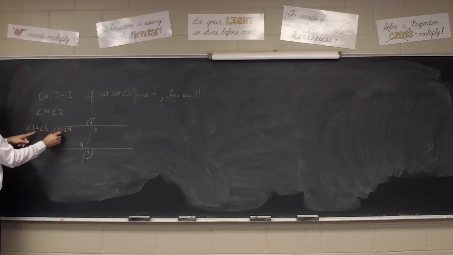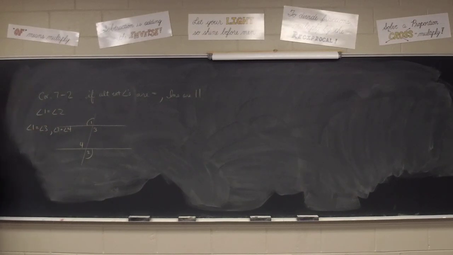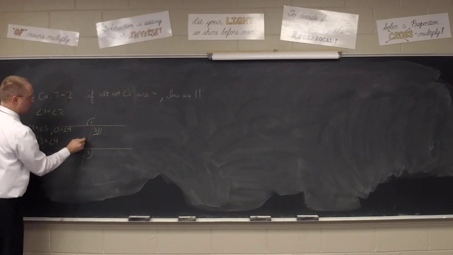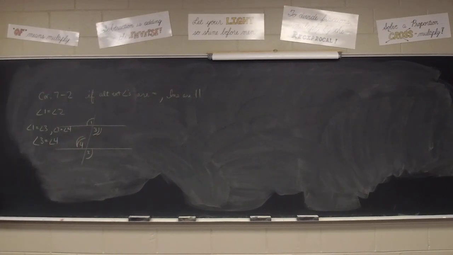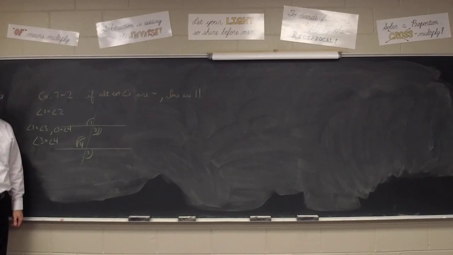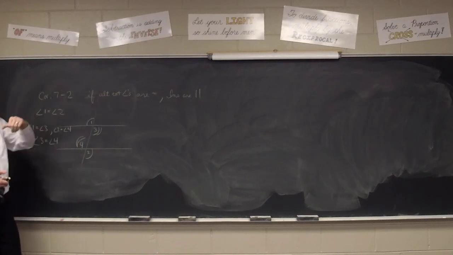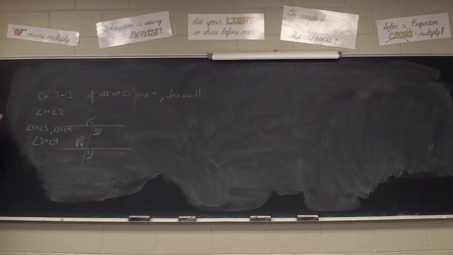And if quantities are equal to equal quantities, they're equal. So angle 3 must equal angle 4. Well, what kind of angles are 3 and 4, class? Alternate interior angles. And if alternate interior angles are equal, class, then lines are parallel. So if alternate exterior angles are equal, because we can get alternate interior angles equal, lines are still parallel.